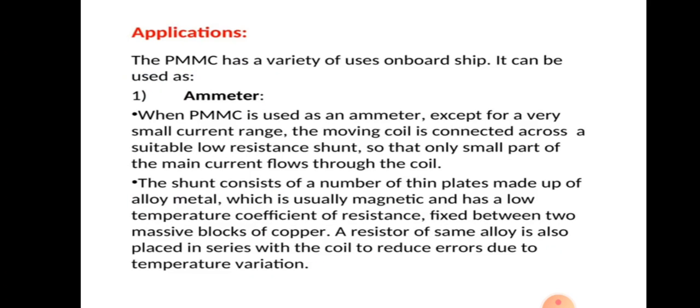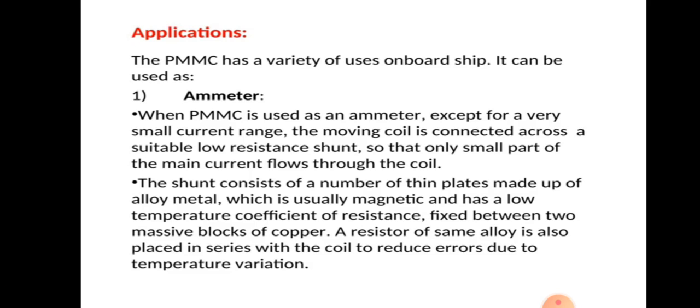Now we will see the applications. The PMMC can be used in various ways, like in an ammeter, a voltmeter and so on, and in a galvanometer also. So we will see one by one. The PMMC has a variety of uses on board ship.